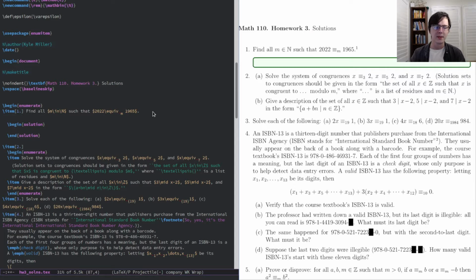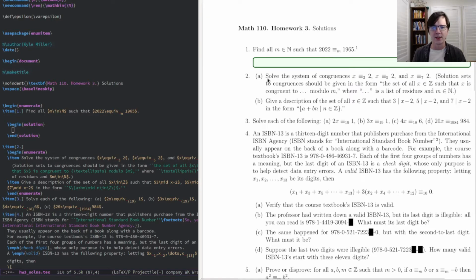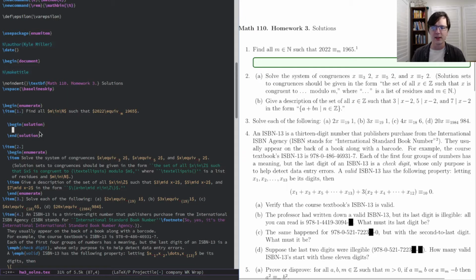Anyway, a lot of the problems that we were solving in class were about what happens if there's a variable that's congruent to something else, but in this one the modulus is the variable. So one thing we can do is rewrite this using the definition of congruence.